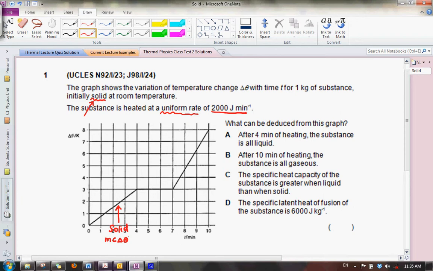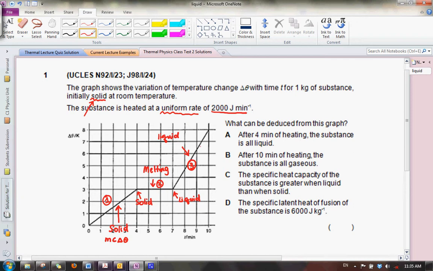Then for the next few minutes, the graph plateaus, and this means it is undergoing melting. It is initially a solid, and then it would have completely melted at the 7th minute. Finally it is in the liquid phase, and it is gaining temperature. So there are 3 stages, stage 1, stage 2 and stage 3, that we can look at.